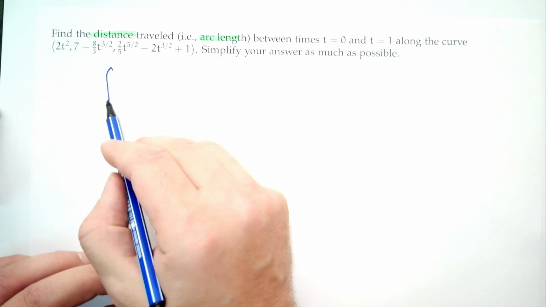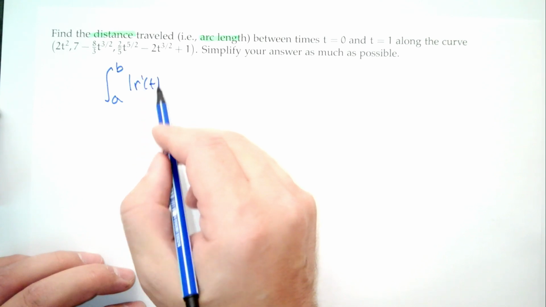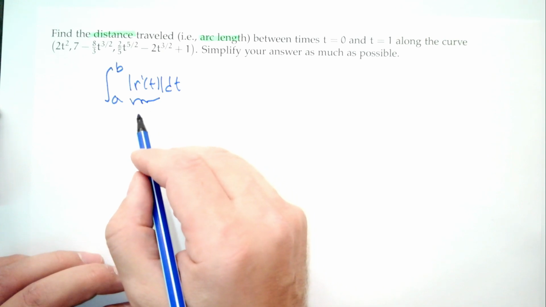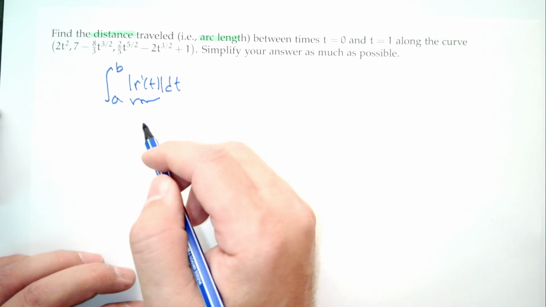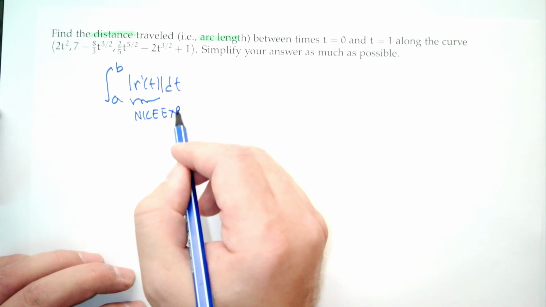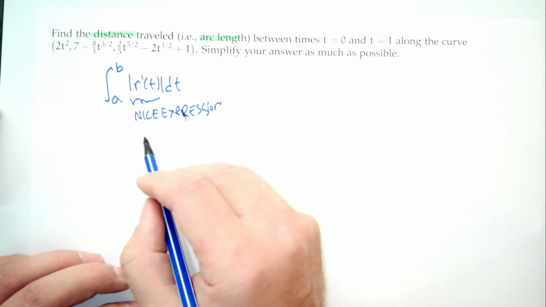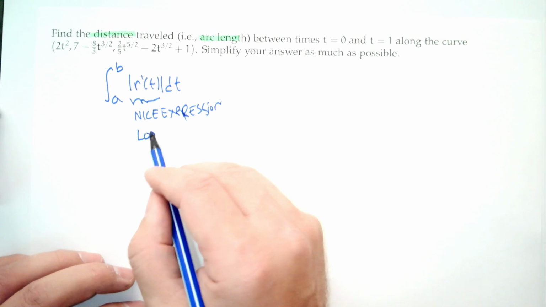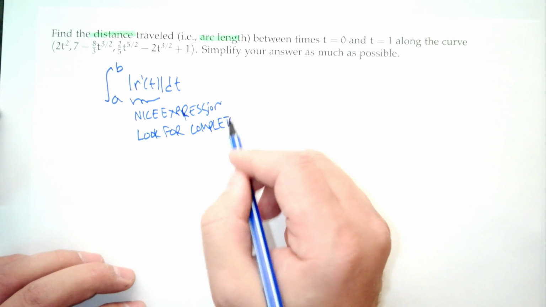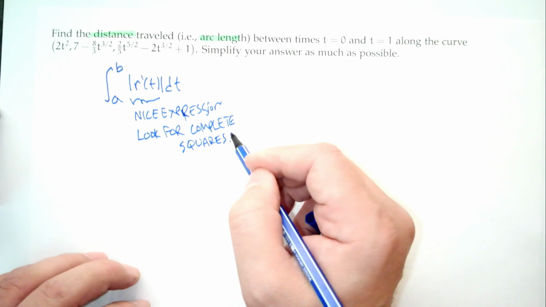Your basic formula is the integral from a to b of the magnitude of r prime of t dt. Now, if we actually ask you to find the magnitude of r prime of t, that means this is going to be a nice expression. How can it possibly be nice? Look for complete squares. You should be on the hunt, because this is an integral, and they told us we don't need anything past Calc 1 tools to do these things.